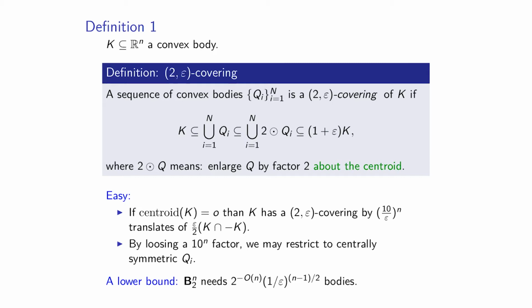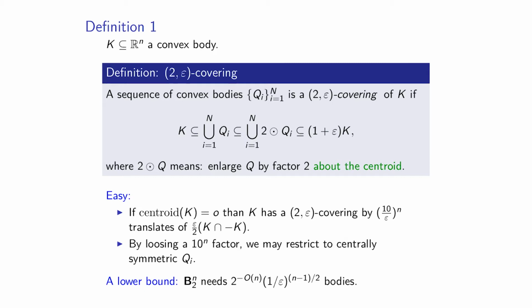So first, some easy bounds for this problem. First of all, we assume that the centroid of K is the origin, and then there is a 2 epsilon covering of K by, very roughly, 1 over epsilon to the n translates of K intersection minus K times epsilon.